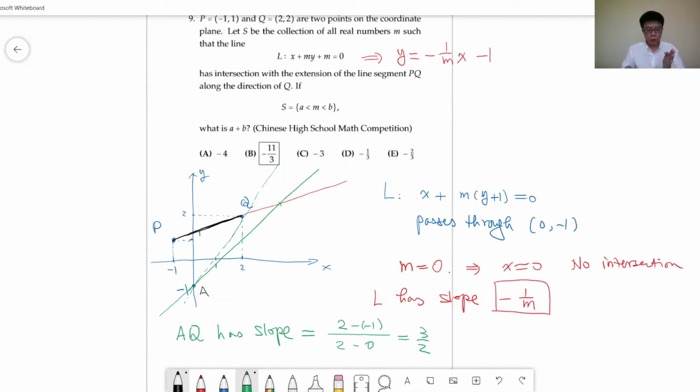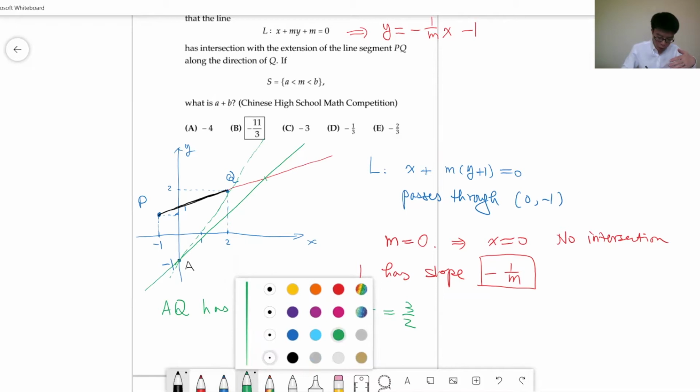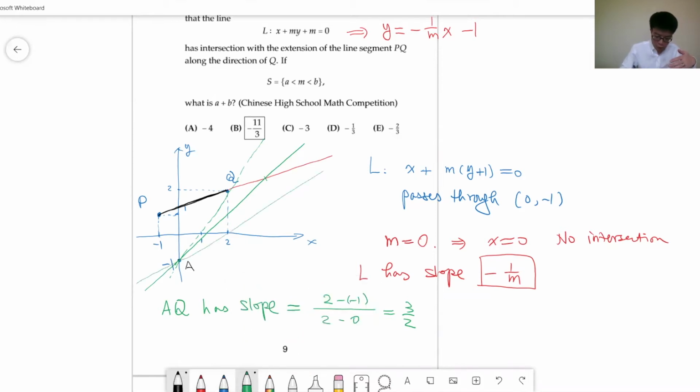If it's larger, it will intersect PQ, not the extension part. And we can make the slope smaller. I will still have an intersection, but there's a limit. The limit will be that this is parallel to PQ, then we don't have any intersection.